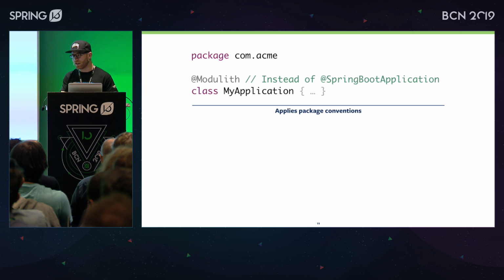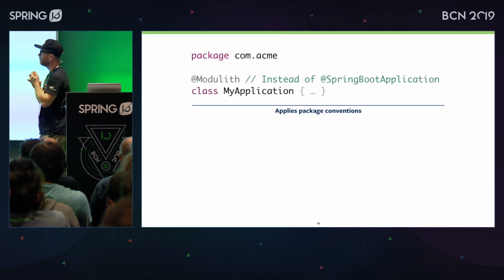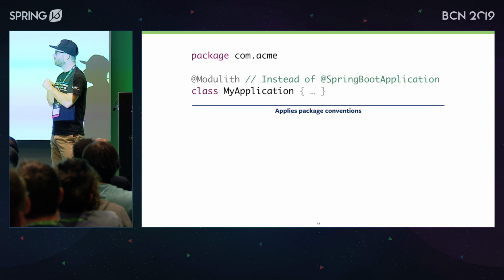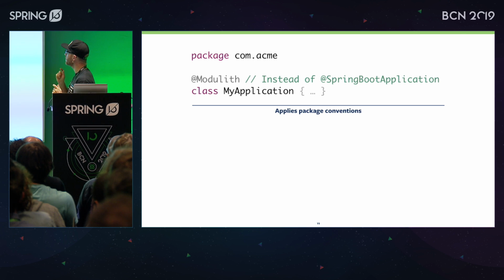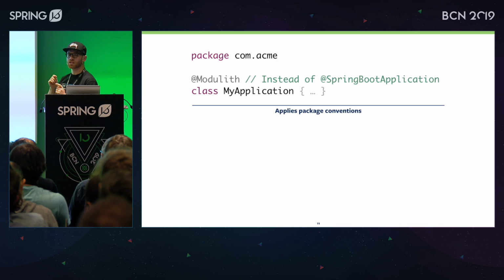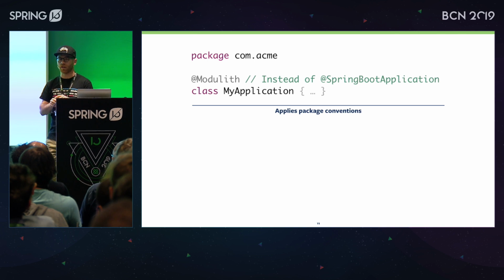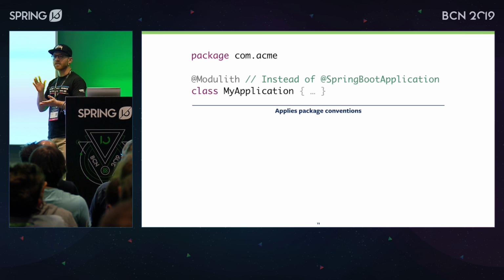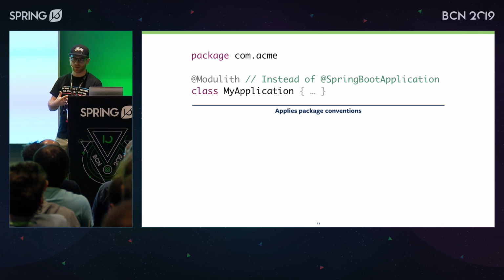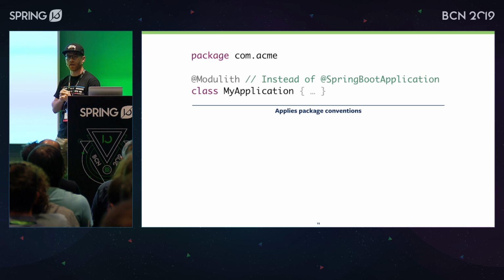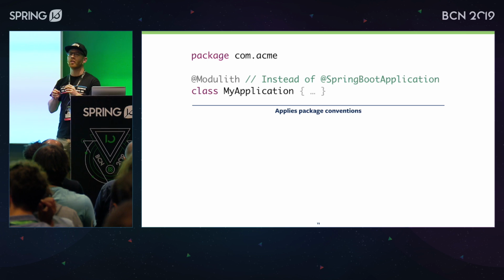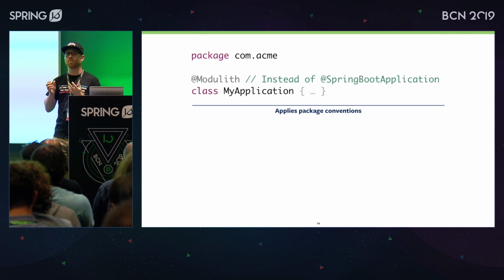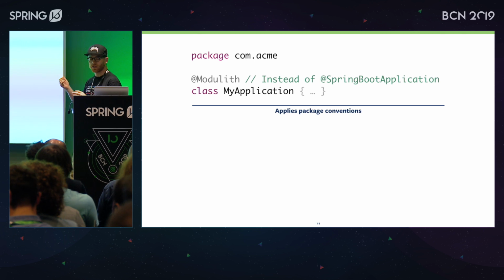And then we can make use of that by just one tiny change, which is exchanging that @SpringBootApplication with @Modulith. And that's basically the sign to the library that you opt into this package structure. There are a lot of knobs and additional annotations where you can also use different kinds of package structures to make it work with that kind of system.